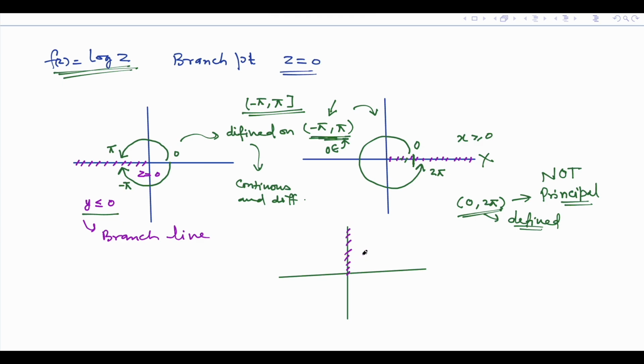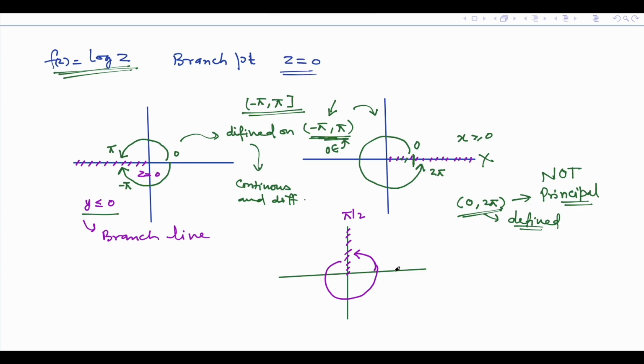Can I take it? Yes, you can, because then you have to define your branch, like how you are going to move it. So you should not cross. You can say till here, and then start from here to here. What is the value? This is π/2.